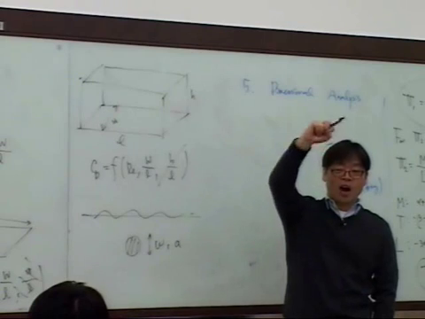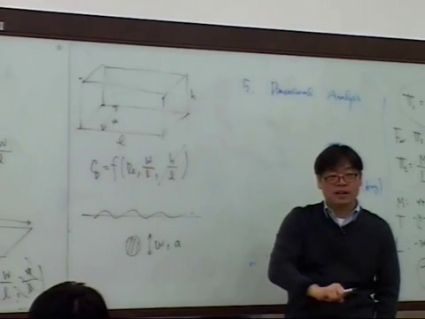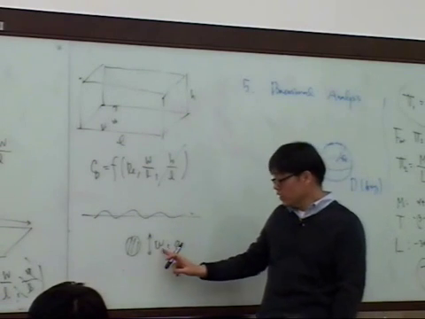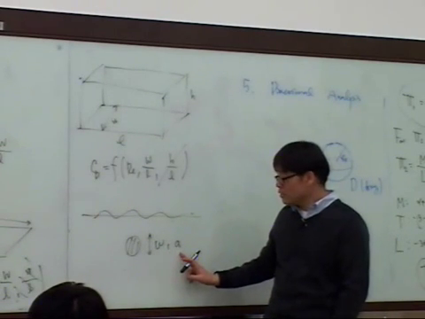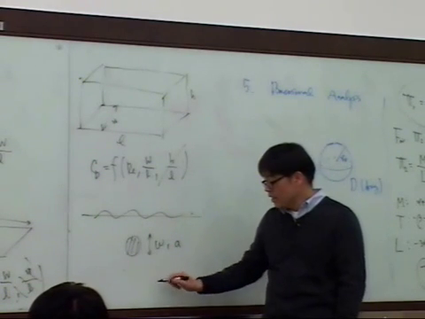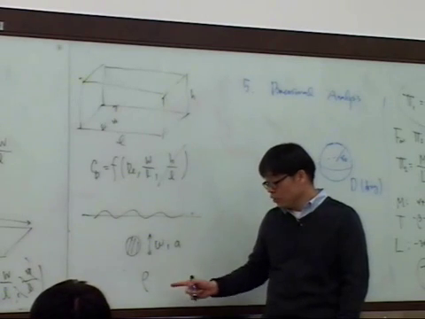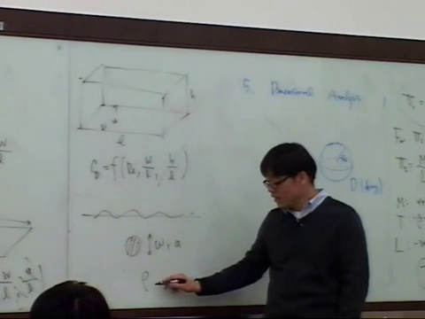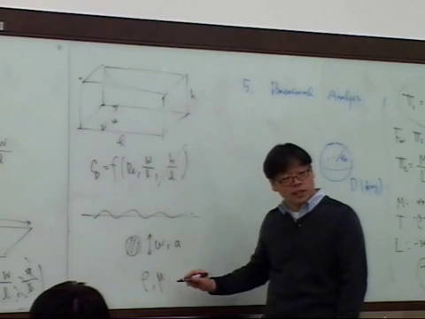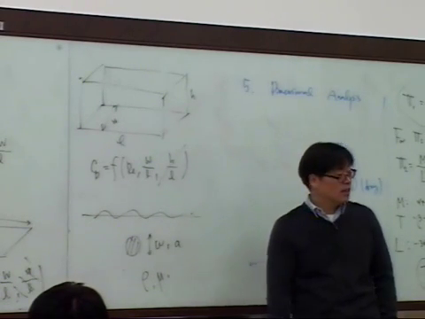You have to specify how much this is moving. Okay? So you need these independent parameters. And since this is moving in a fluid, this problem will depend on density and viscosity. Is there anything else?